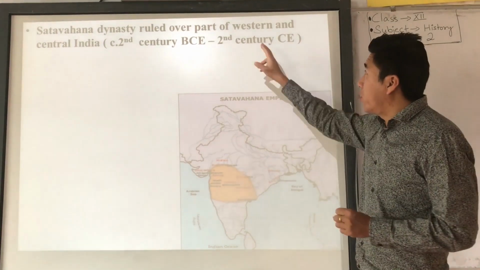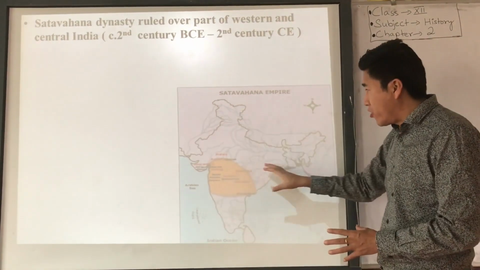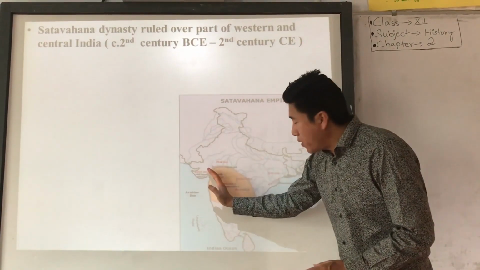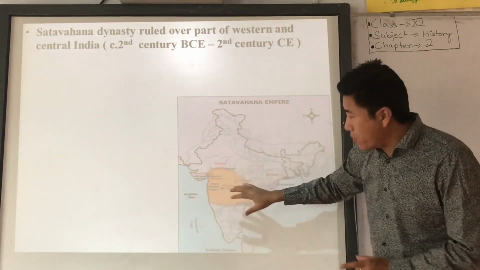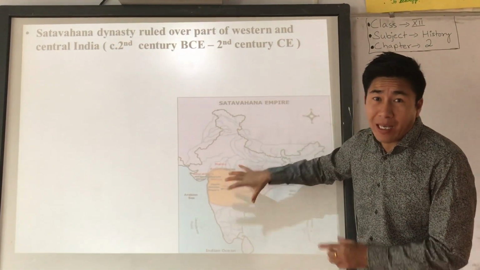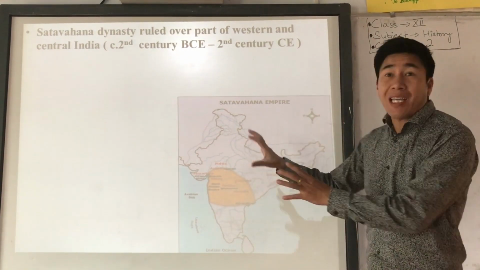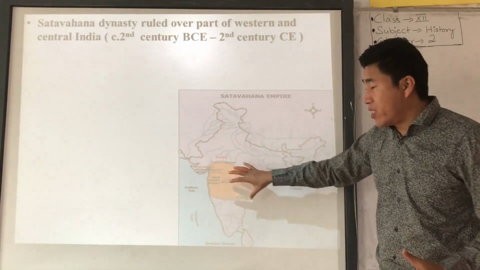Western comes according to the cardinal directions, east, west, north, south. It lies a little bit to the west, that's why it's called western. And why is it called central? Because if you look at the India map, it is at the center. We can also call it the Deccan region. The Satavahana dynasty existed near the Deccan region.